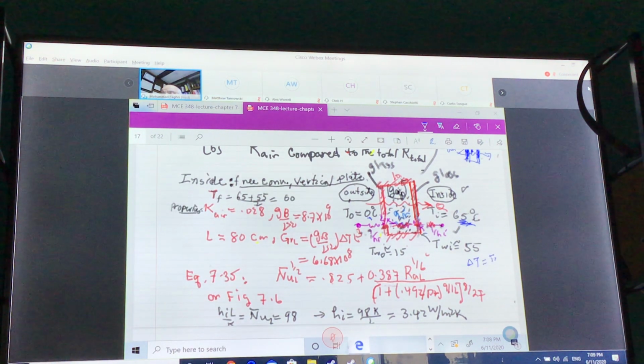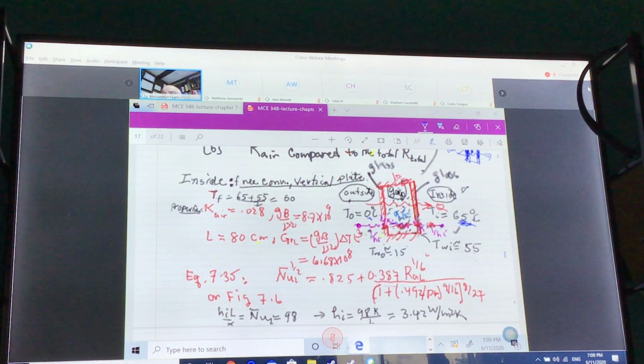T wall minus T infinity. I don't have T wall. In a couple of our problems, if you don't have T wall, just guess it. Because I have 0 and 65, I just guessed about 55 here for the wall temperature. Now you could repeat this. It's just a trial and error procedure, but I accept that.